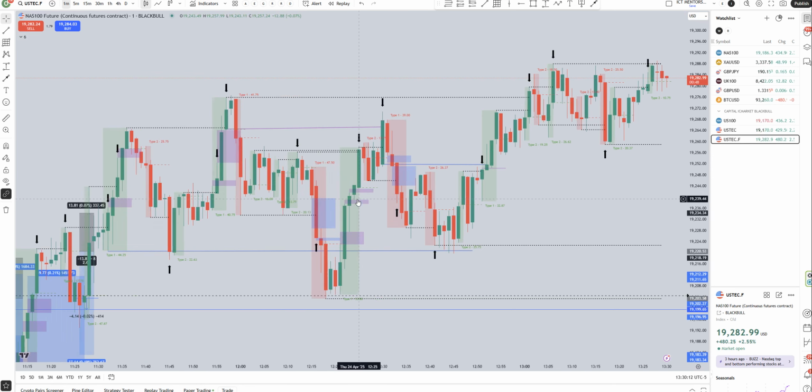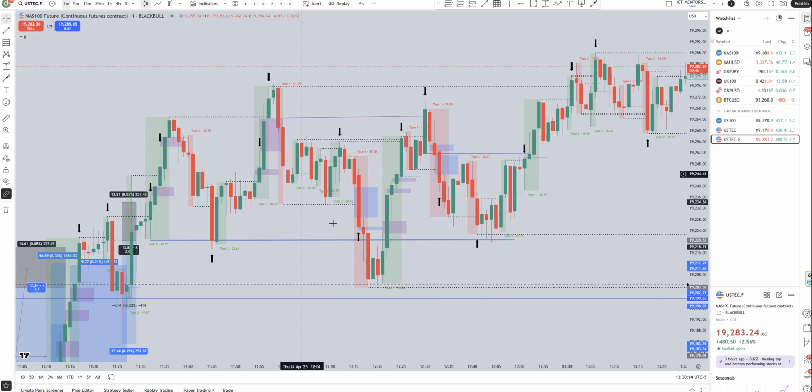I saw this and I know that there was a buy here that I also bought, that I was targeting, and that was the last trade for the day. There was this here, so this type 1 OB comes back here. I didn't buy instantly. I saw this, I bought this.